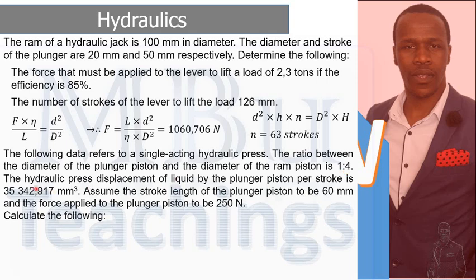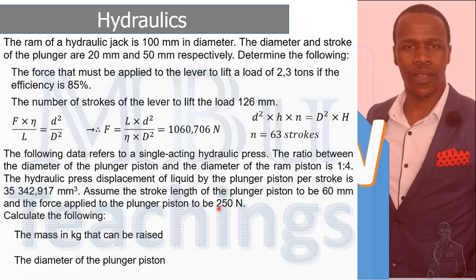Let's read on. The hydraulic press displacement of liquid by the plunger piston per stroke is, now that means it's a volume, 35,342,917 millimeter cubed. We are told that we should assume the stroke length of the plunger distance to be 60 millimeters and the force applied to the plunger piston to be 250 newtons.